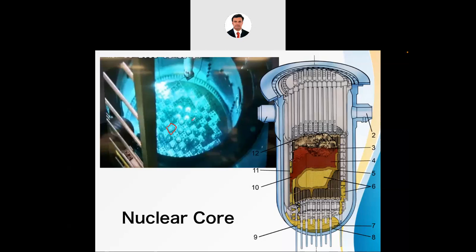These squares are the nuclear fuel rods. Each nuclear rod contains very small pellets of the nuclear material. This uranium will be in this type of pellets, and those pellets are mounted on one another, and it will create one nuclear fuel rod.